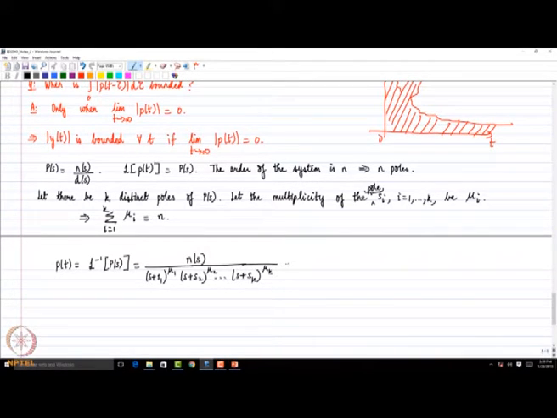So what is going to happen is that when we do the partial fraction expansion, we are going to get something like this.